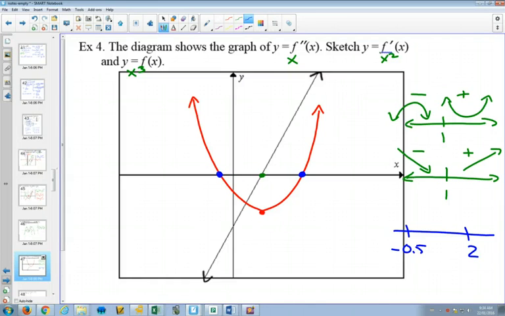We know that it's negative between them and positive after. So if we went back 1, that means our function would have to be increasing, then decreasing, then increasing. And so at 2, we would have a local minimum. At negative 0.5, we would have a local maximum.